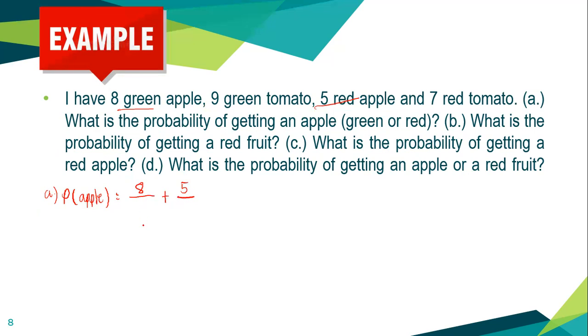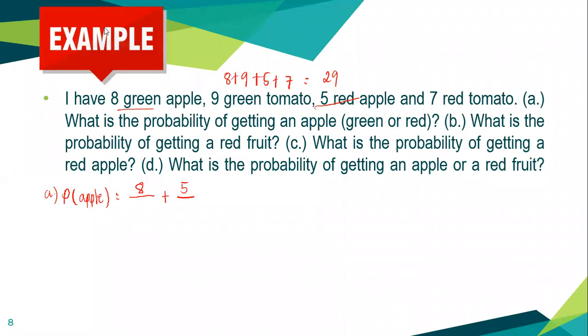But then, ilan yung denominator? Ilan ba yung mga possible outcome? We have 8 plus 9 plus 5 plus 7. And that is 8 plus 9 is 17 plus 5, 22 plus 7 is 29. So we have 29 total outcomes.